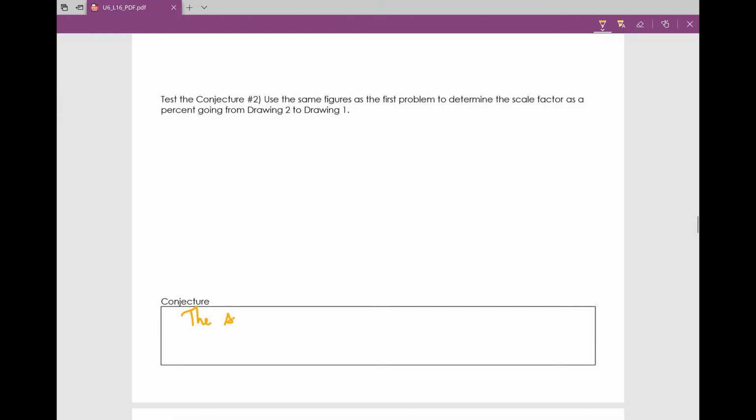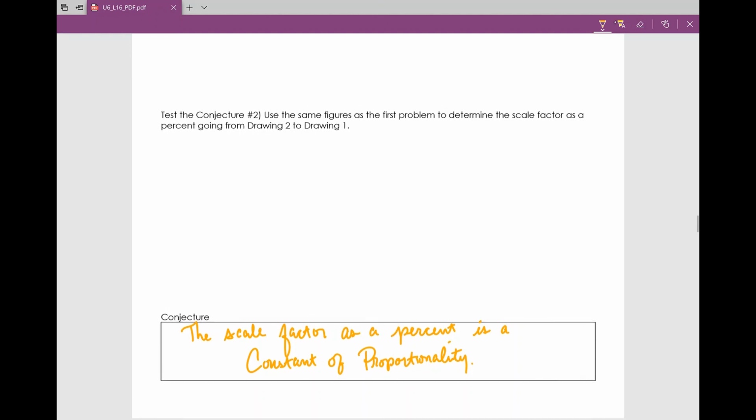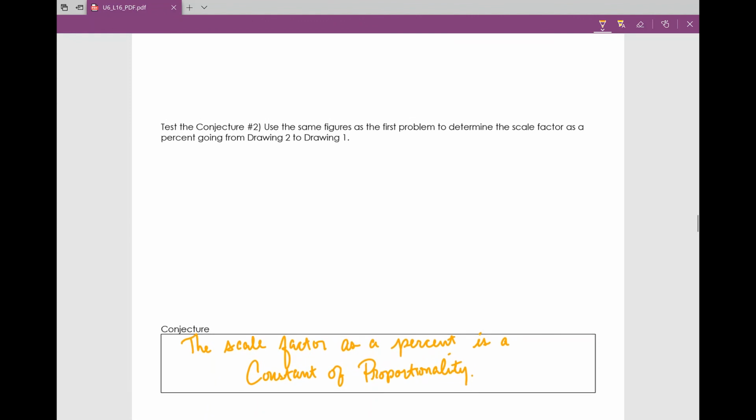The scale factor as a percent is a constant of proportionality. And proportionality is spelled proportionality. Great. Constant of proportionality. And now that we have our conjecture, we can move on to test the conjecture.